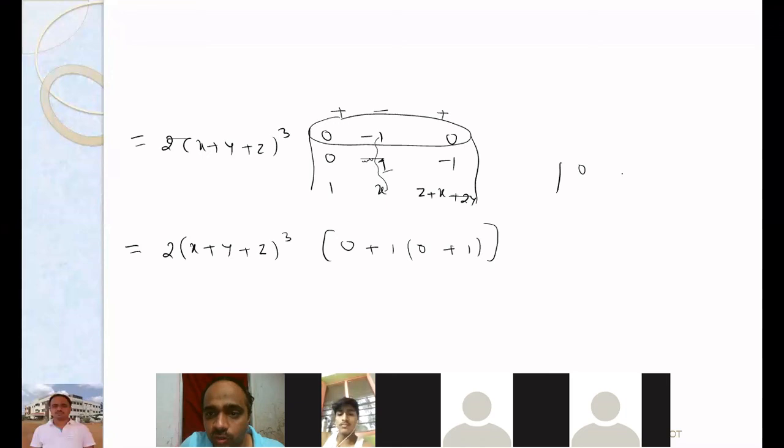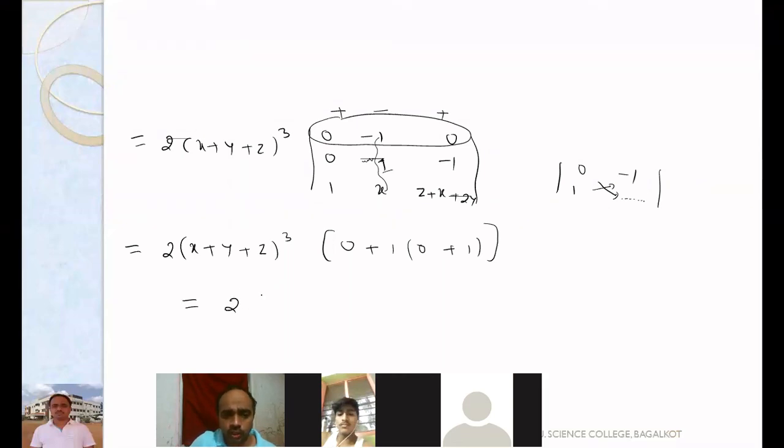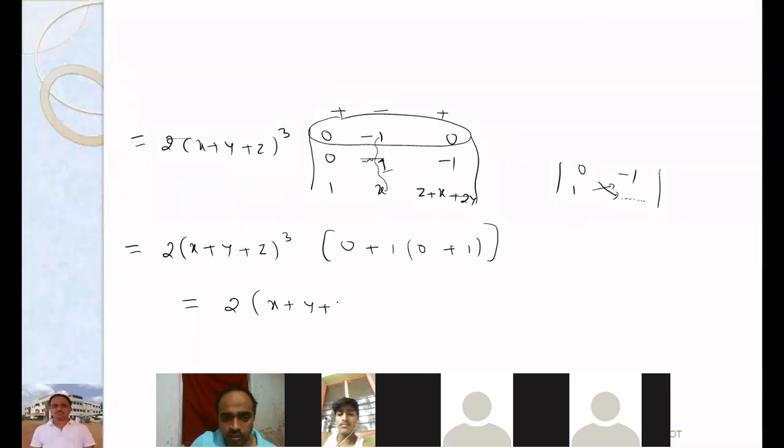I get 0, minus 1, 1, and z plus x plus 2y. But 0 into anything is 0. Minus of minus is plus 1. And next again 0, you need not write. So finally I get 2 into bracket x plus y plus z the whole cube. So that is the right hand side.